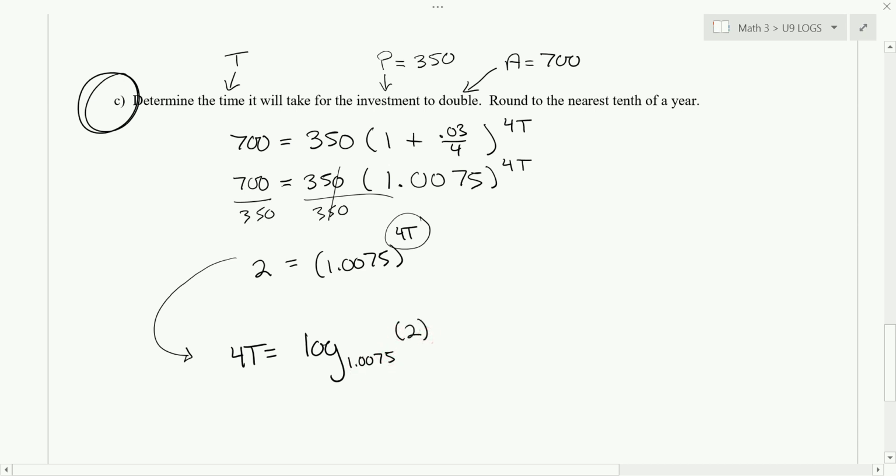And here's an issue, guys. Our calculator doesn't work in that base. That's not the answer. What was section 7 about, guys? Changing the base to whatever we want. Right? That's what section 7 was. So if we don't want this base, we can change it to something we want.